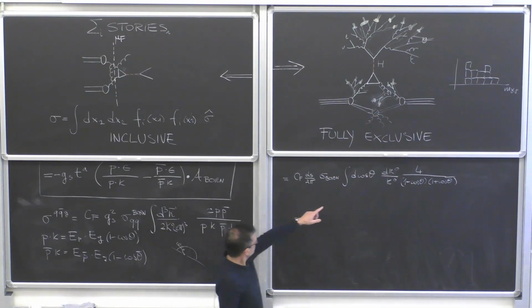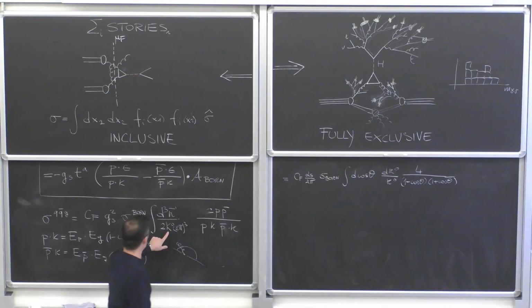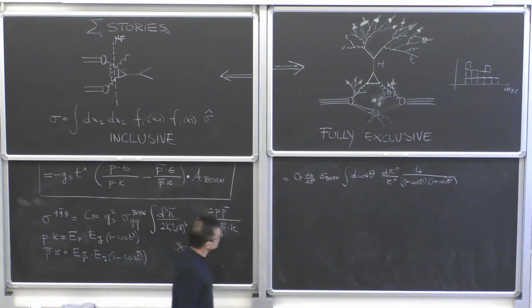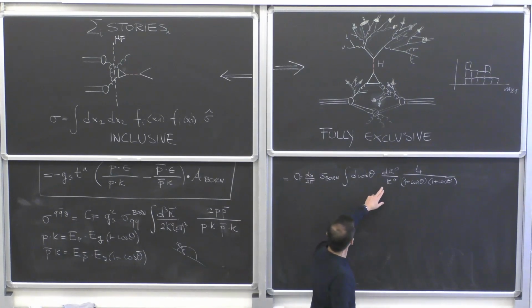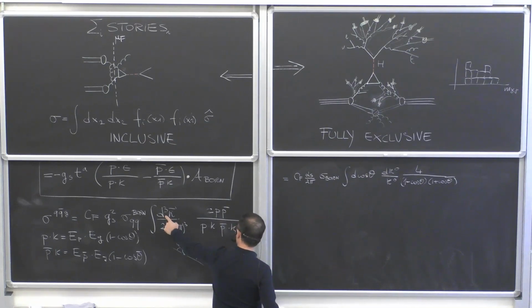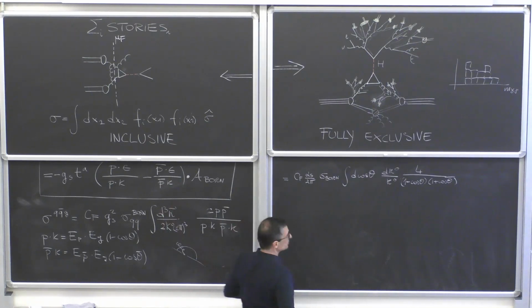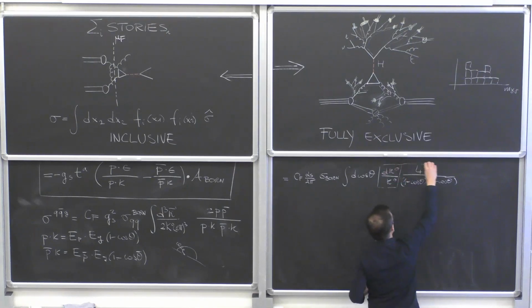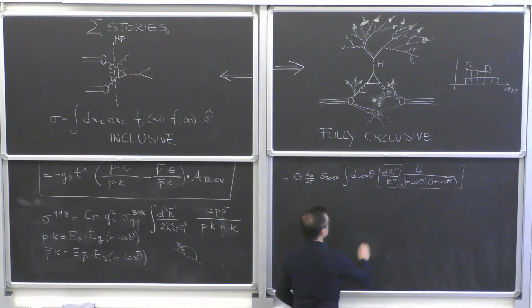So the k0 term comes from here, and there is a k0 squared from here inside also, the modulus of k. So at the end, you're left with this term and this term. You see that this is dk0 over k0.